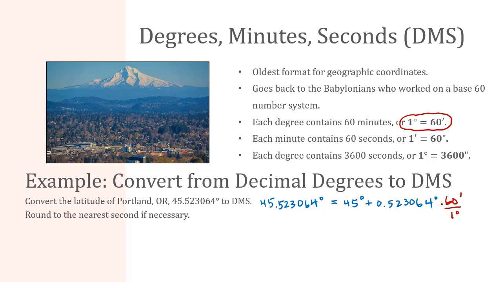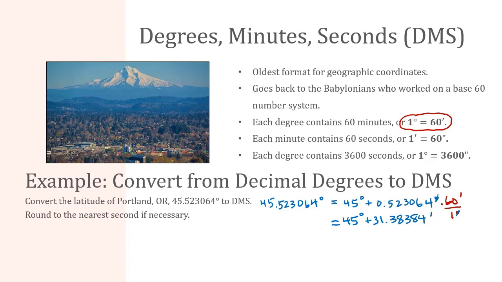And when I multiply that, I'm going to get 45 degrees plus 31.38384, looking at my calculator, and that's minutes, all right, because the degrees up on the top and the degrees on the bottom cancel out, and so I'm just left with minutes.